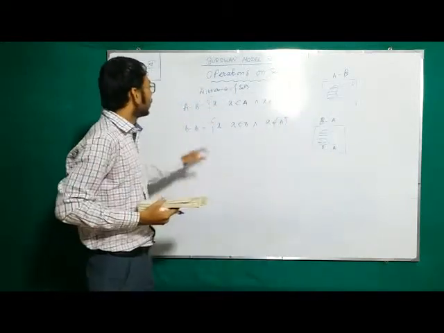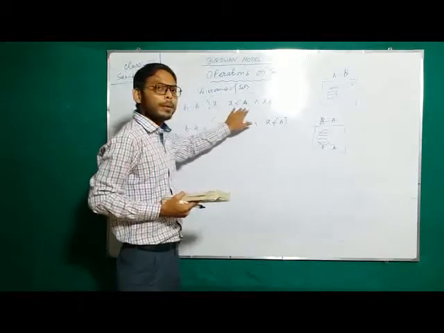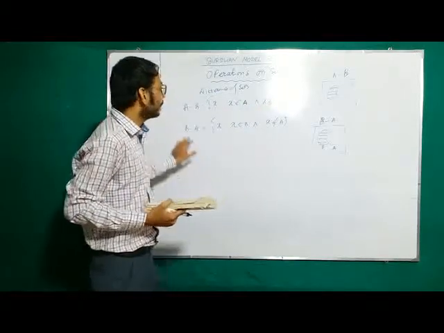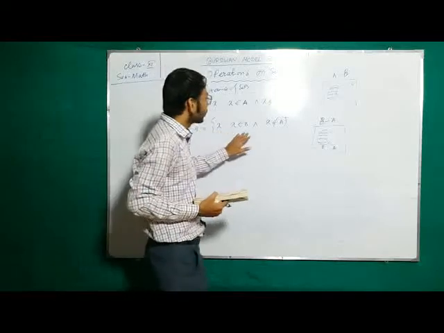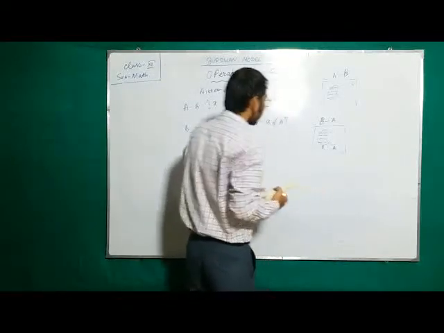Got it? A minus B means the elements of A but not B, and B minus A means the elements of B but not A.